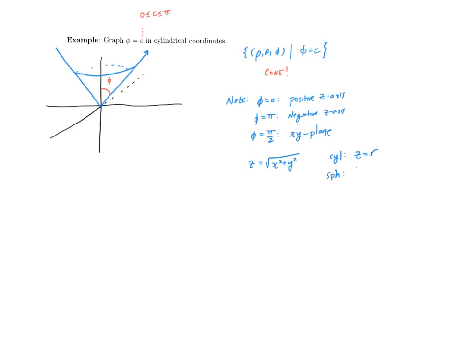So our standard cone would be phi equals pi over 4. And it's worth making this observation as this cone is something that does appear frequently in examples involving triple integrals. And let me note that I just realized that cylindrical above should be spherical.